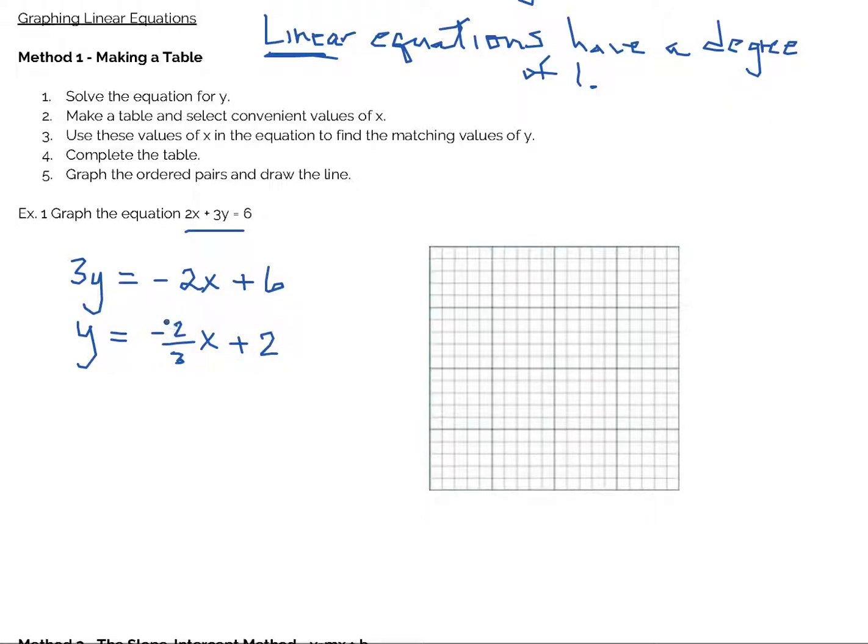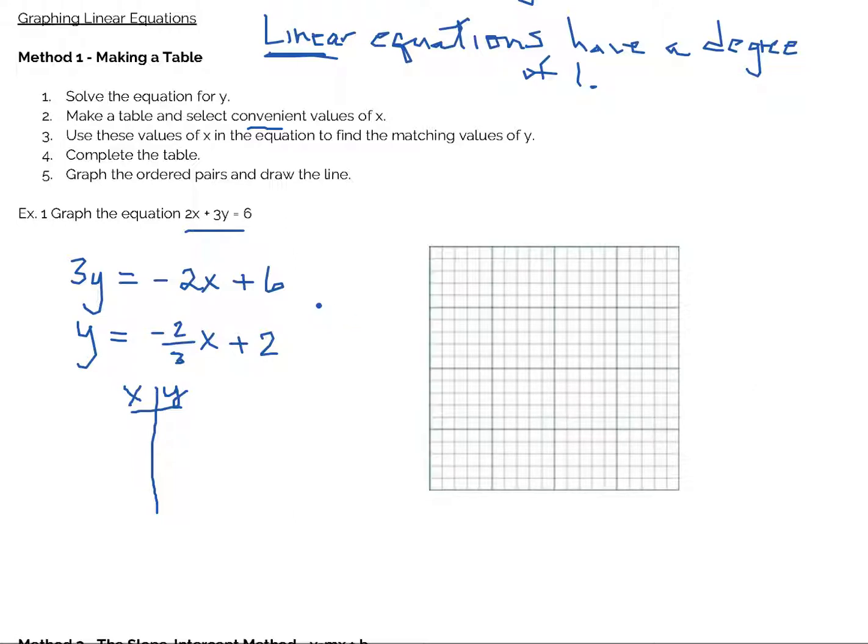That was our first step. Solve for y. Now we're going to make a table like such. And we're going to pick some, it says right here, convenient values for x. So you don't want to pick something like 200, that's not convenient, but you want to think about it a little bit.